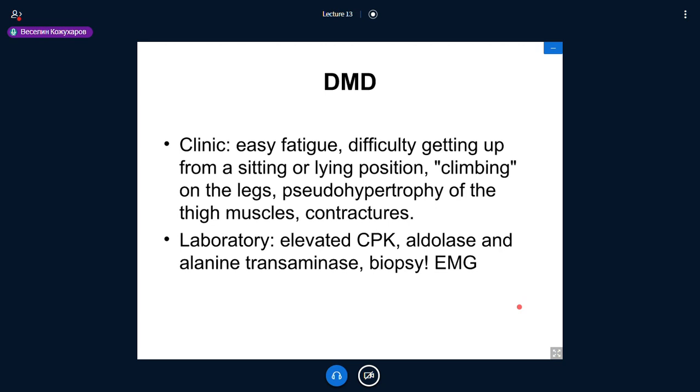The clinical appearance of Duchenne muscular dystrophy consists of easy fatigue in affected individuals, difficulty in getting up from a sitting or lying position. It's typical to climb over one's own body when the kid is trying to stand up.